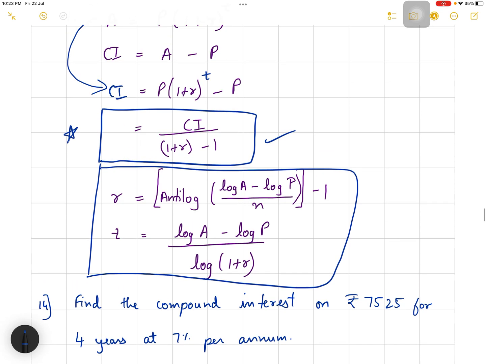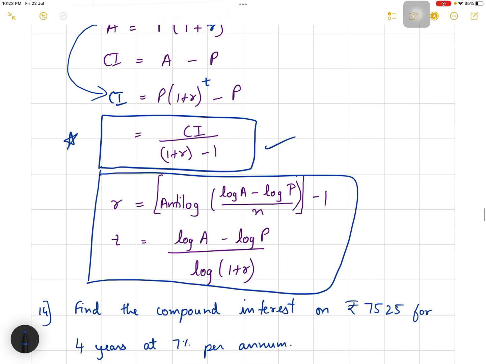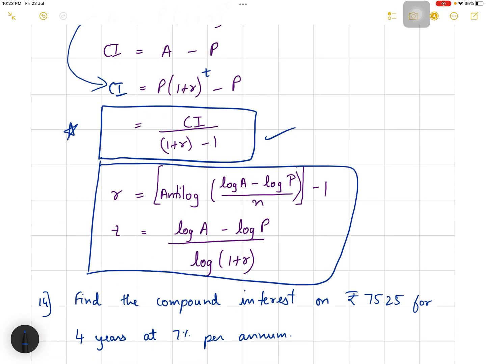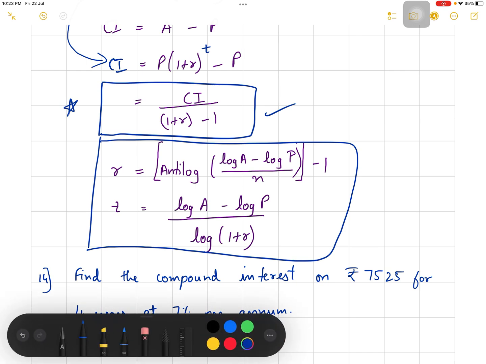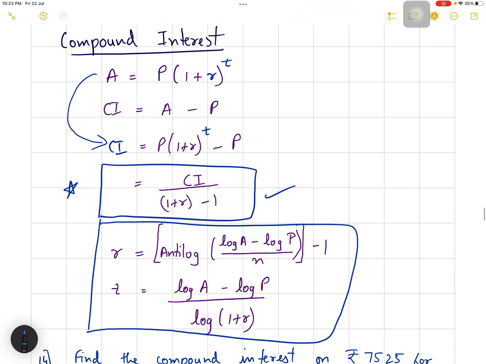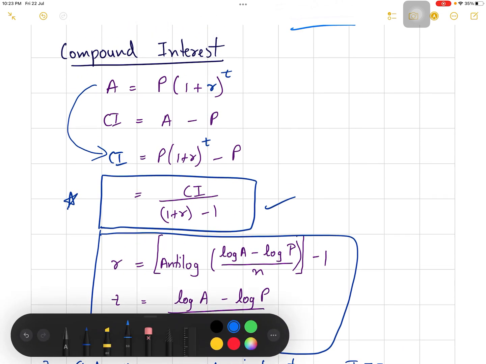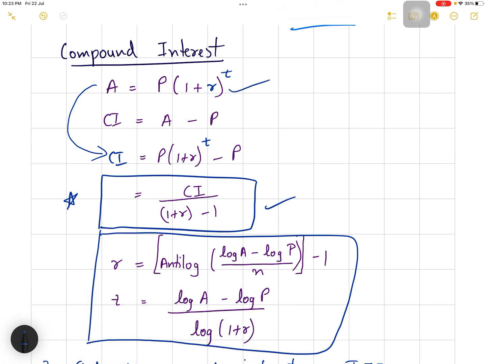Now T is term, like if I am taking 5 years, 6 years, the period will be given, compound interest for how many periods, so that term is T. Now if R is asked, or if T is asked, it can be difficult to use these formulas and calculate.